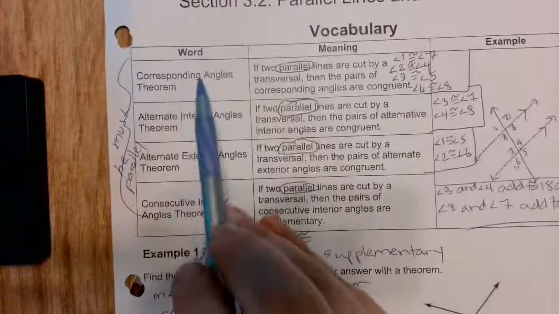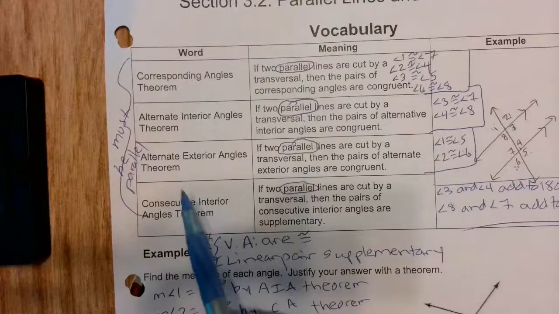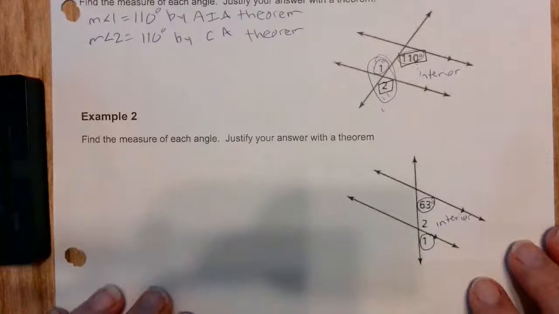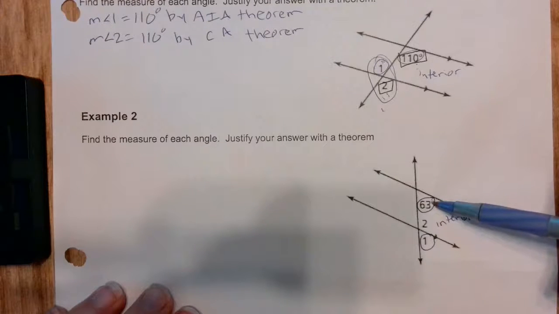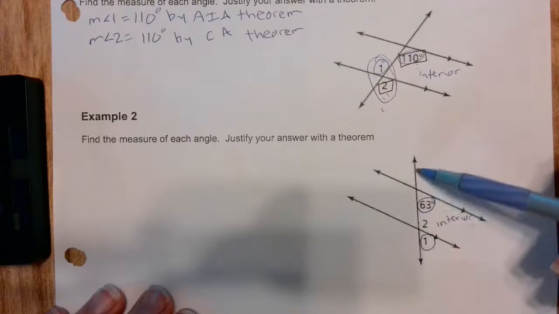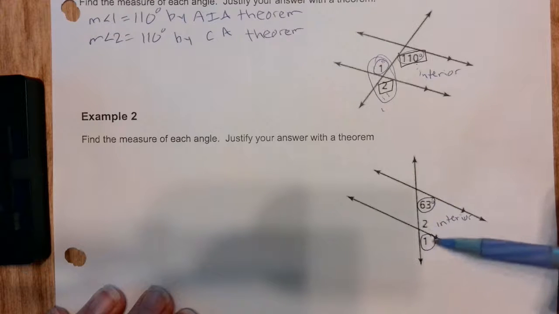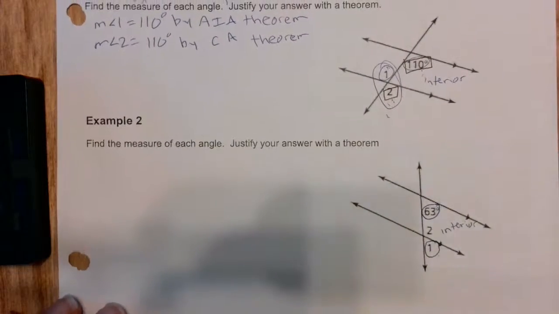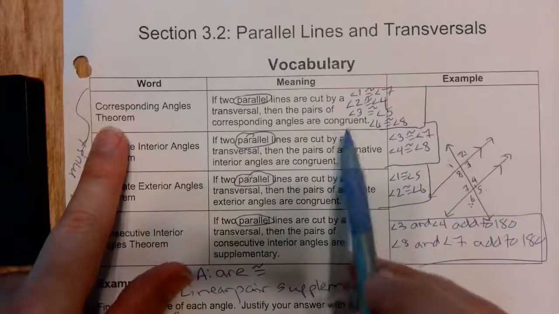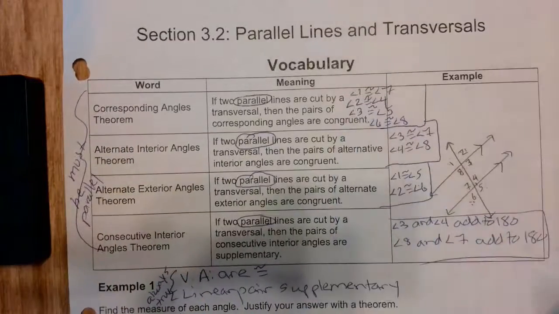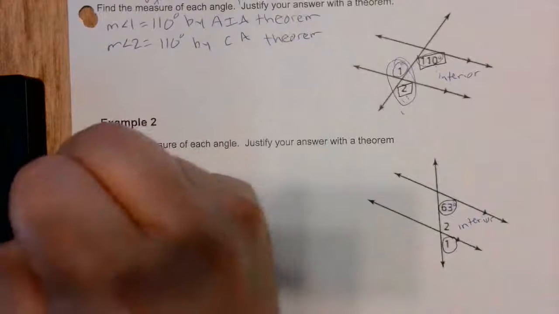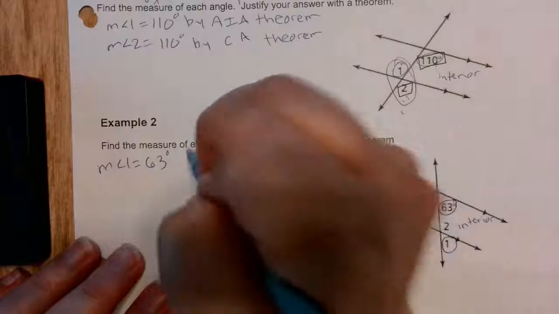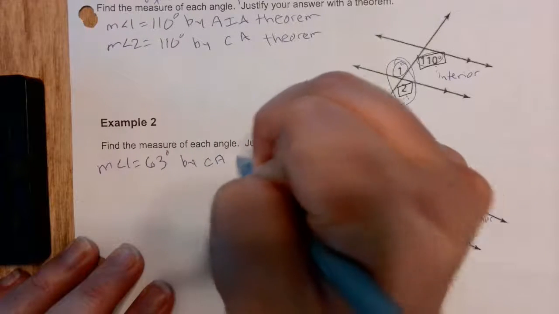Are they corresponding, alternate interior, alternate exterior, consecutive, vertical angles, or a linear pair? 63 is inside, 1 is outside. 63 is kind of on the bottom right, 1 is on the bottom right. They're corresponding. The corresponding angles theorem says corresponding angles are congruent, which means the measure of angle 1 is 63 degrees by the corresponding angle theorem.